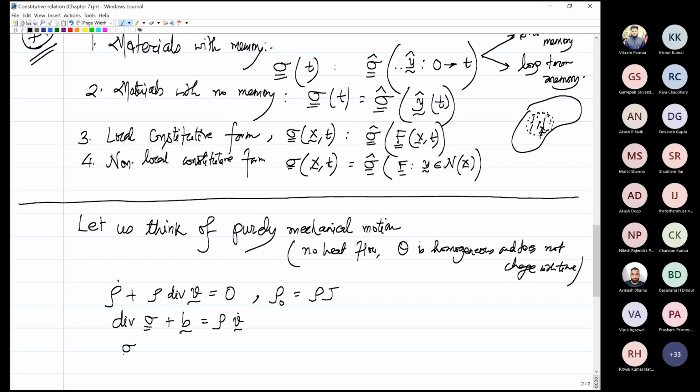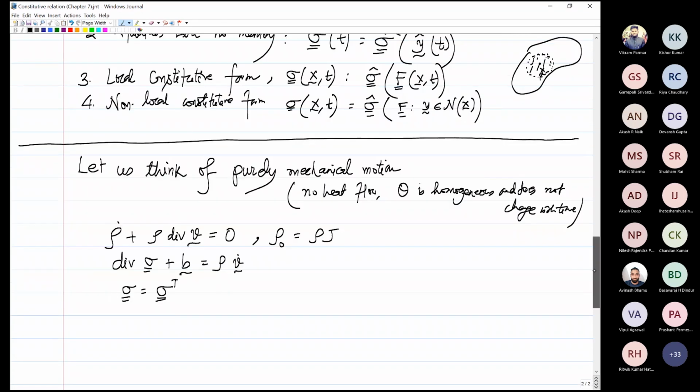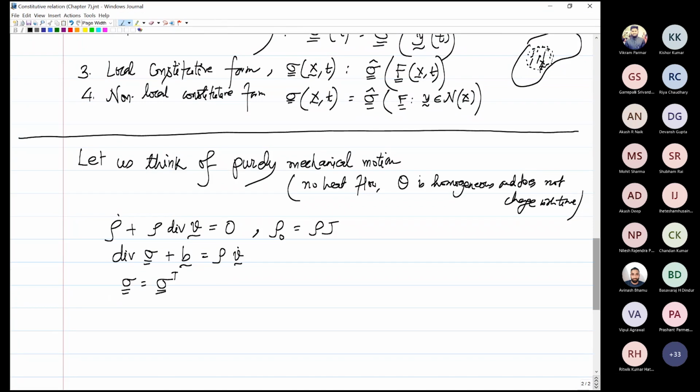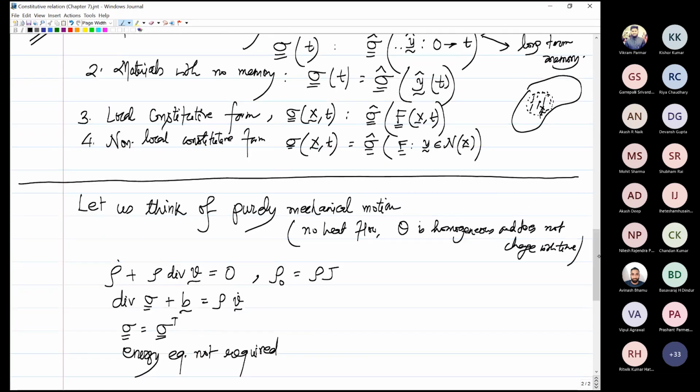Then you have the AMB, and then you don't need the energy equation. For purely mechanical motion, the energy equation is not required. It gets trivially satisfied basically.